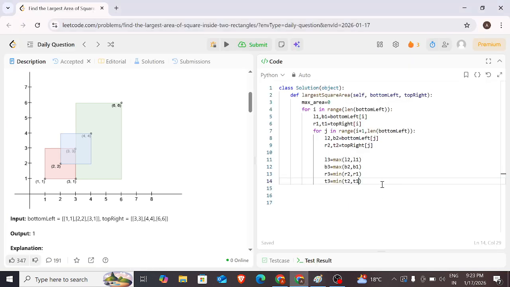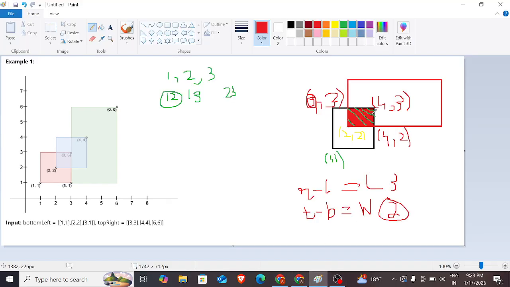So yeah. Now an important condition for the rectangle to form is that the right should be greater than the left, right? So the rightmost region of the rectangle should be greater than the leftmost region, and the topmost region should be greater than the bottommost region.